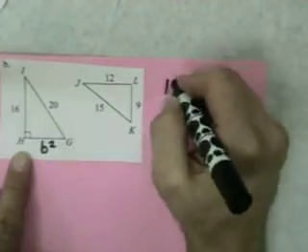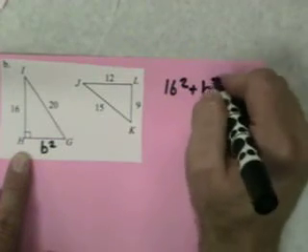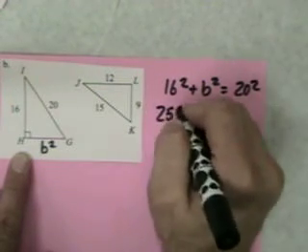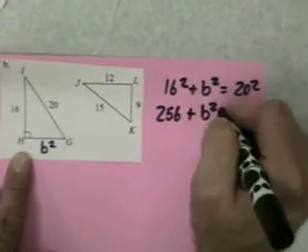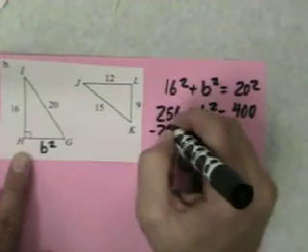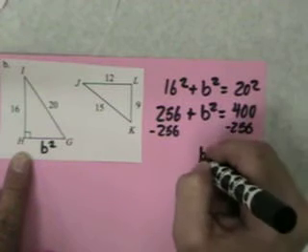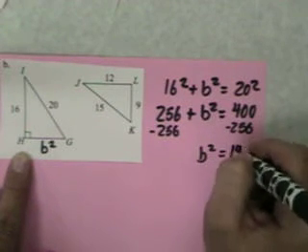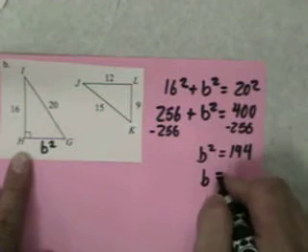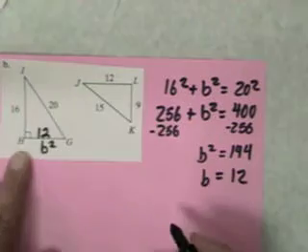So I'm going to say 16 squared plus B squared equals 20 squared. 256 plus B squared equals 400. Subtract 256 from both sides, and I get B squared equals 144. Take the square root of both sides and you'll get B equals 12. So I now know that this side is 12.